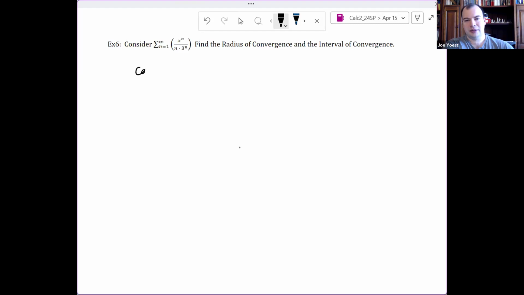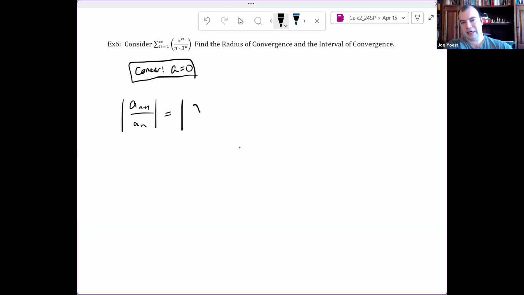My center is at 0. I'm going to note that. Absolute value of a_(n+1) over a_n is absolute value of x to the n plus 1 over (n plus 1) times 3 to the n plus 1, times 1 over a_n, so n times 3 to the n over x to the n.